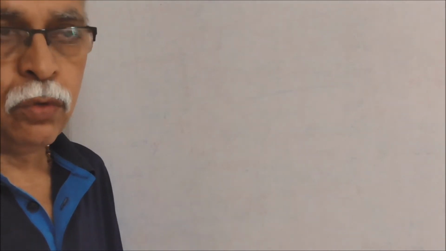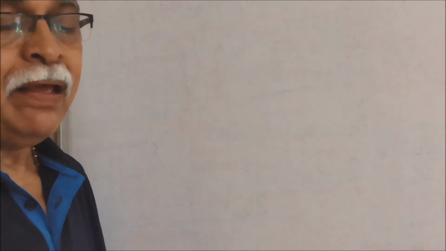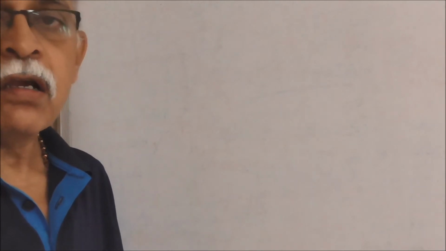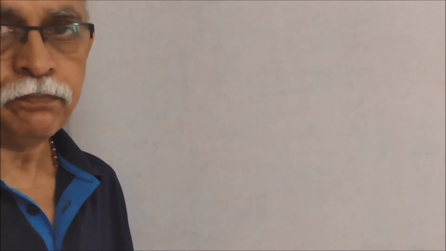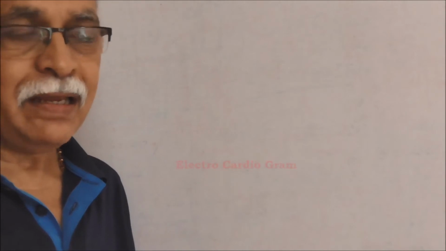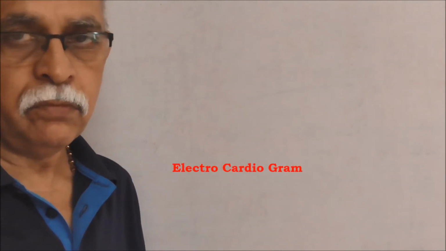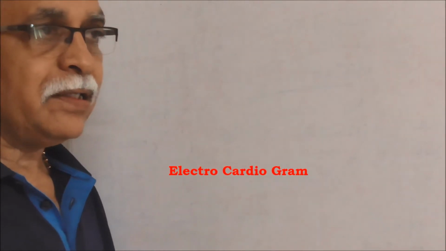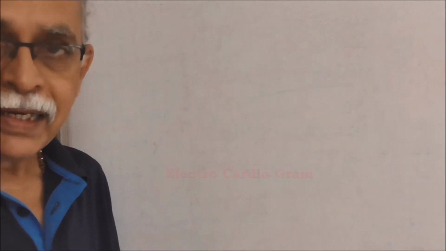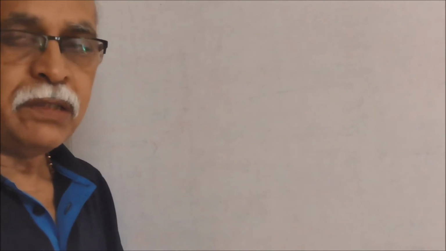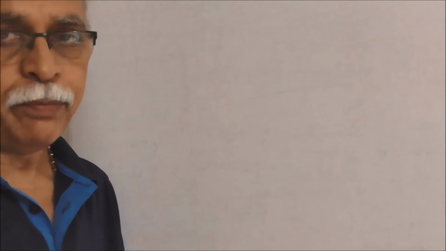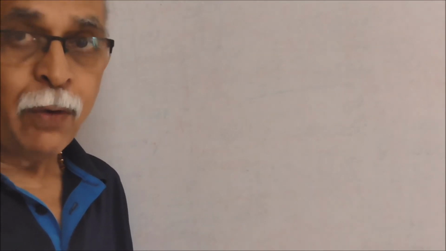It's made into volts and then represented in graphical form. That is what is called an electrocardiogram. Electrocardiogram stands for the electrical activity that is responsible for the beating of the heart in a proper rhythm. Now, how exactly does it go? Let's have a look at that.